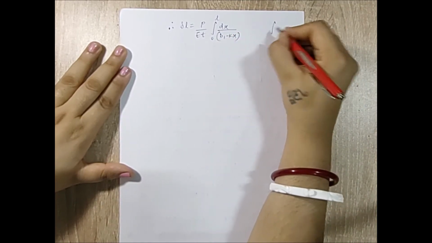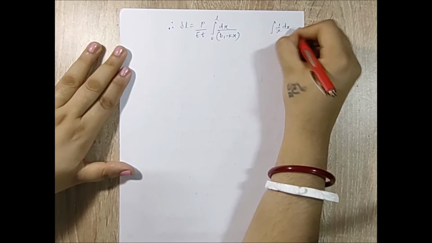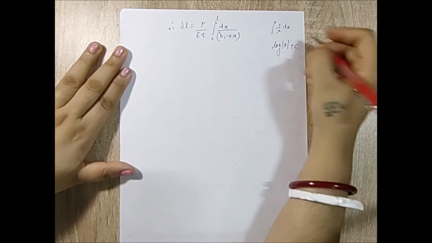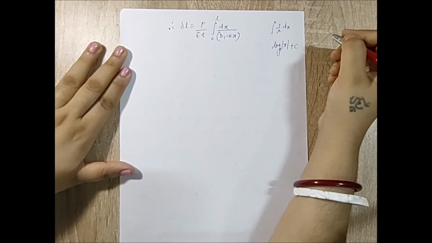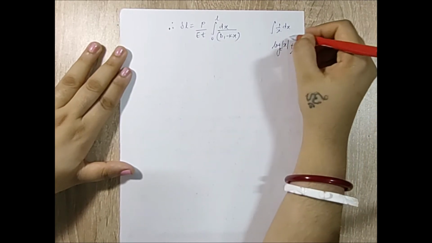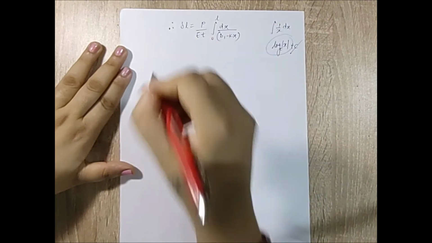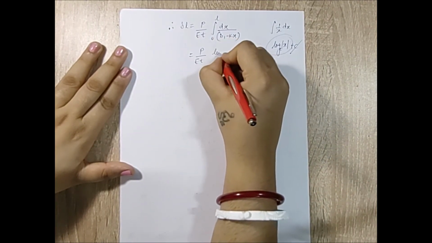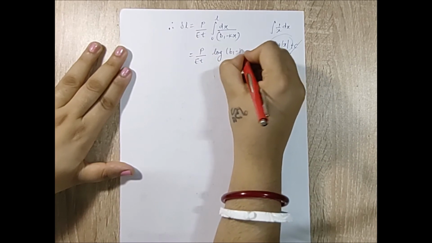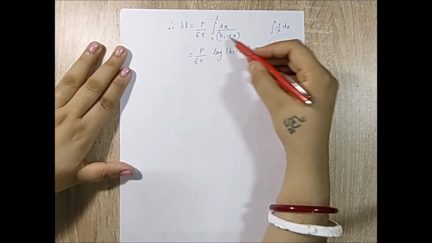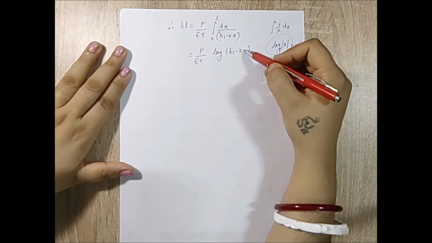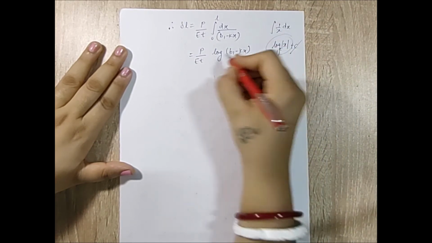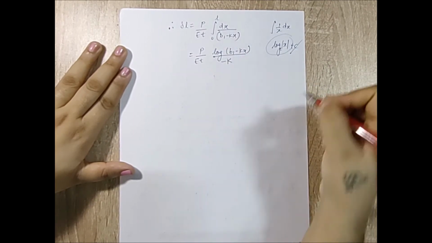Now when I say integration of 1 upon x, this will be log of x plus c to the base e, obviously for log. C again I am not going to calculate, so this is all that I need. Here this will be P upon Et log of B1 minus Kx. Now the term is not x, it is B1 minus Kx, and this term x also has a coefficient minus k, which will be placed in the denominator.